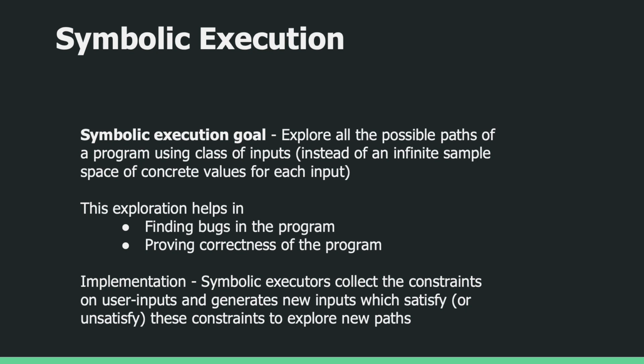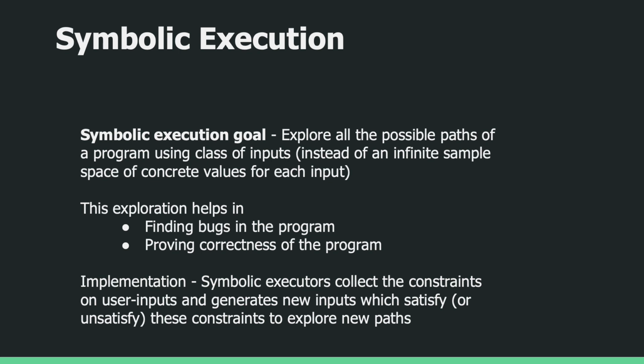Now let us look at how symbolic execution engines are actually implemented, because these are really complex pieces of software, so understanding how they're implemented is an important aspect. And the essence of this paper is actually in the implementation of symbolic execution engines.